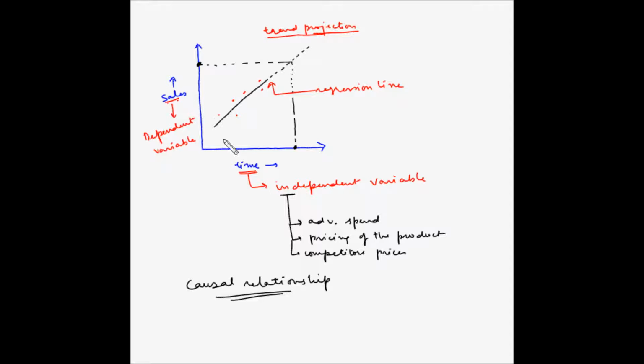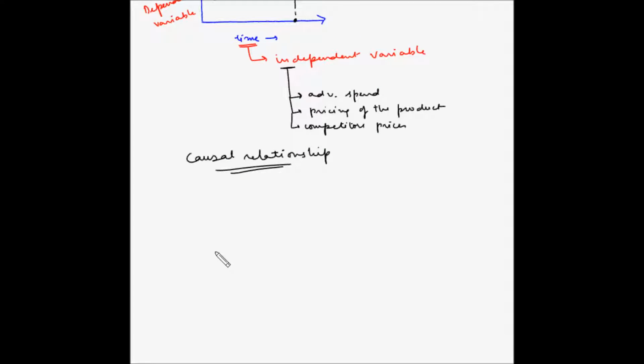And the relationship between these two, that is the independent variable and the dependent variable, is assumed to have a linear relationship. So the graph for causal relationship will look something like this. On the x-axis we have advertising spend, while on the y-axis we have sales.